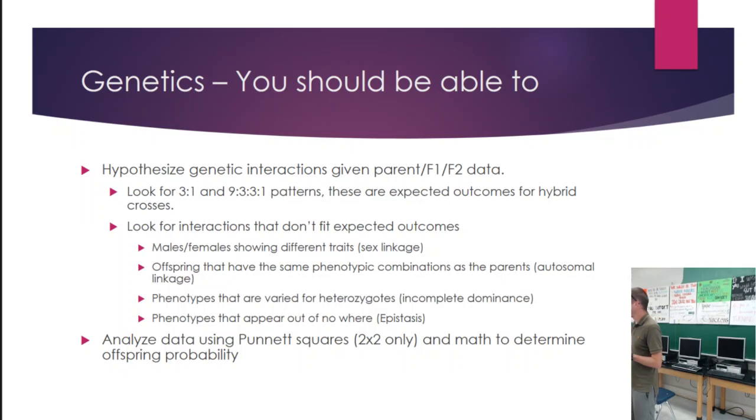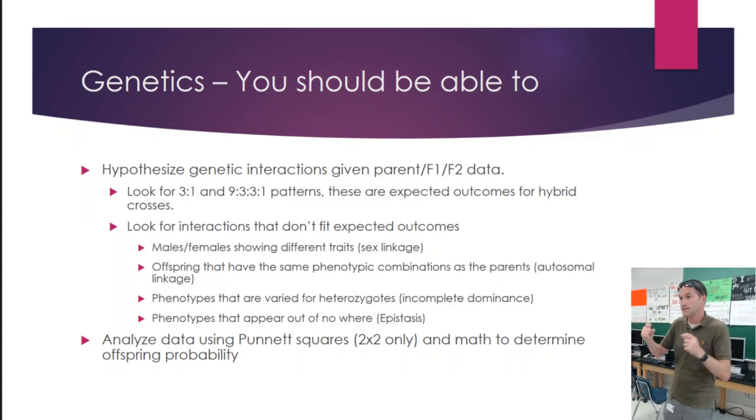If you have offspring that are the same phenotypic combinations as the parents, let's say one parent was blue eye and blonde hair, and one was brown eye and brown hair, and the offspring are either blue eye, blonde hair, or brown eye, brown hair, but not brown eye, blonde hair or blue eye, brown hair, that means that they are linked together.